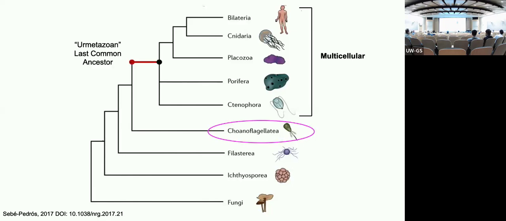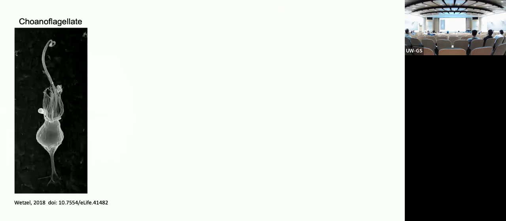So let's look at what a choanoflagellate looks like. This is an image of a choanoflagellate. They have a flagellum that they stick out into the water, and with that flagellum, they're generating a fluid flow, and that's attracting bacteria to this collar structure here.